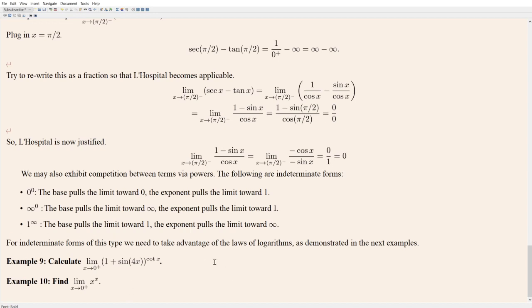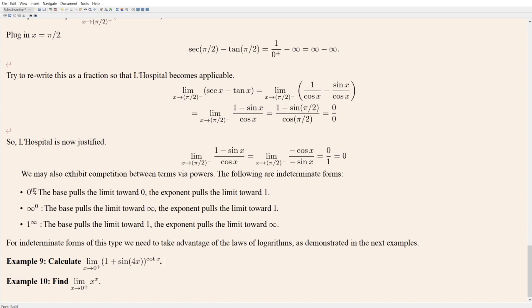So for indeterminate forms of this type, again, we're going to want to try to rewrite it so that L'Hopital's rule becomes applicable, but it's a bit less obvious how we can actually do that. So what we're going to end up doing is we're going to take advantage of the laws of logarithms, specifically to take this exponent and move it out front, right?